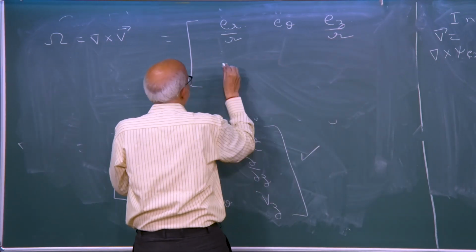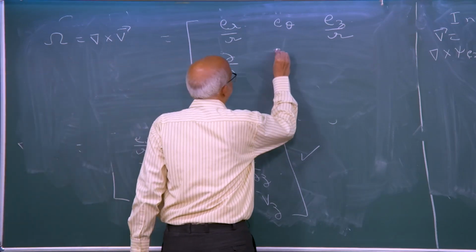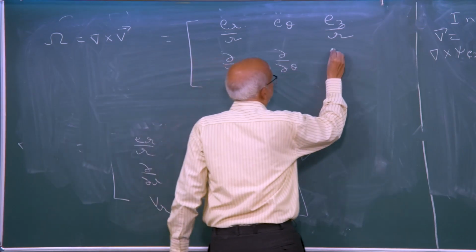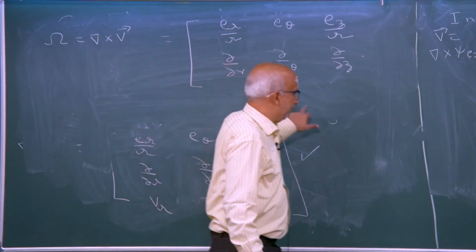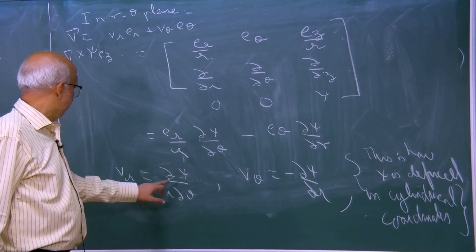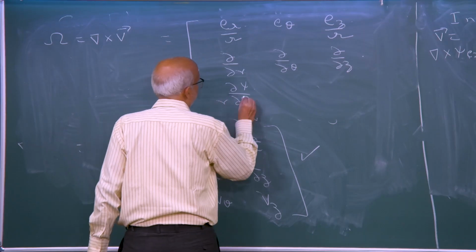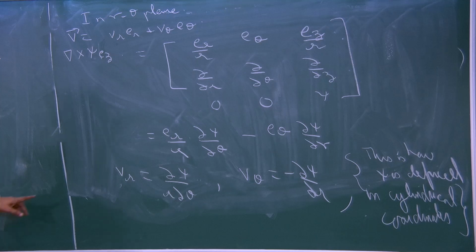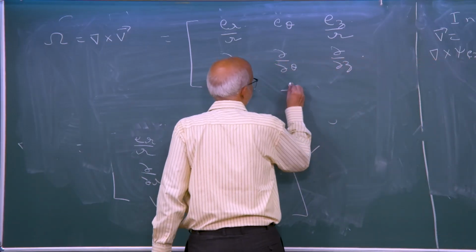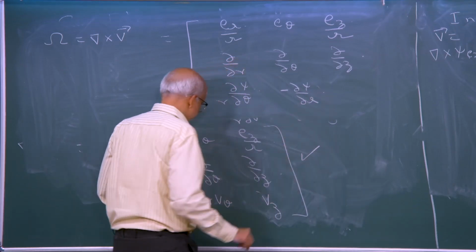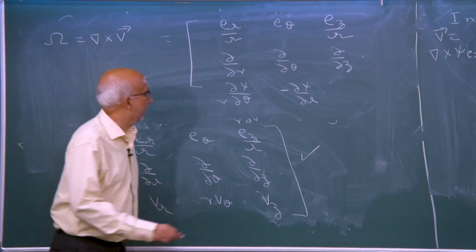Same thing, because this is the way the curl is defined. Now Vr, I am going to write in terms of the stream function. Vr is d psi by r d theta, and v theta is minus d psi by dr, but I do not write just v theta, I have to write r times v theta. So I have to multiply this by r.